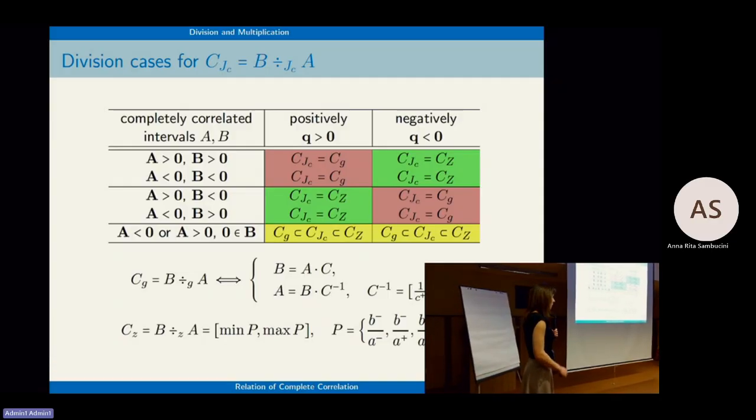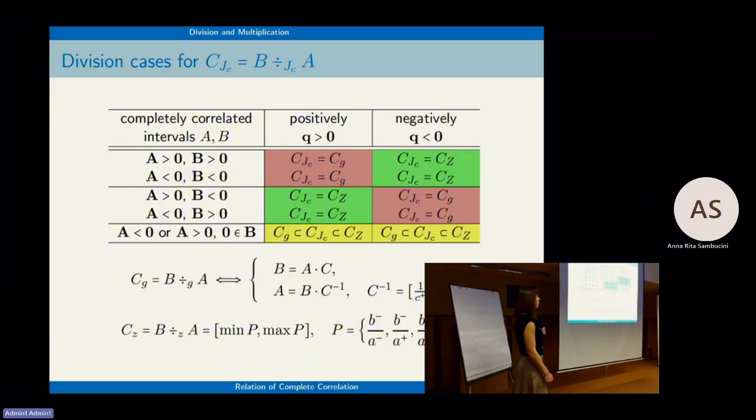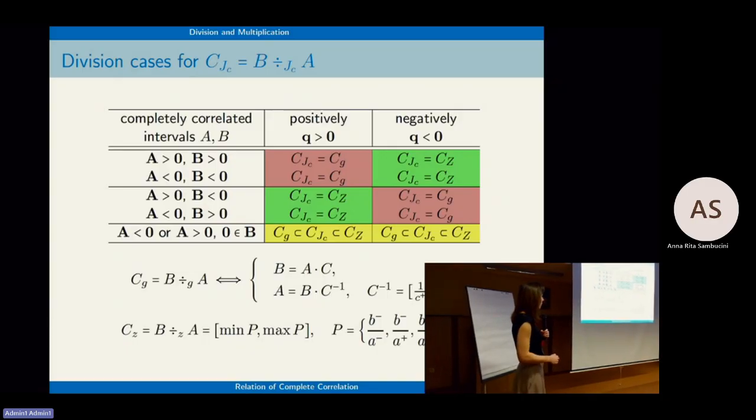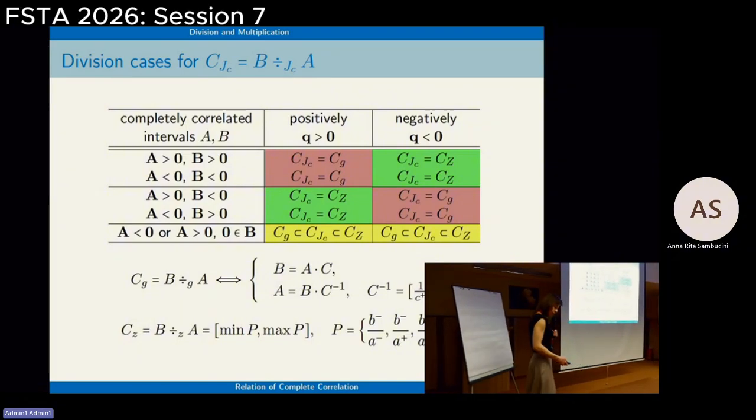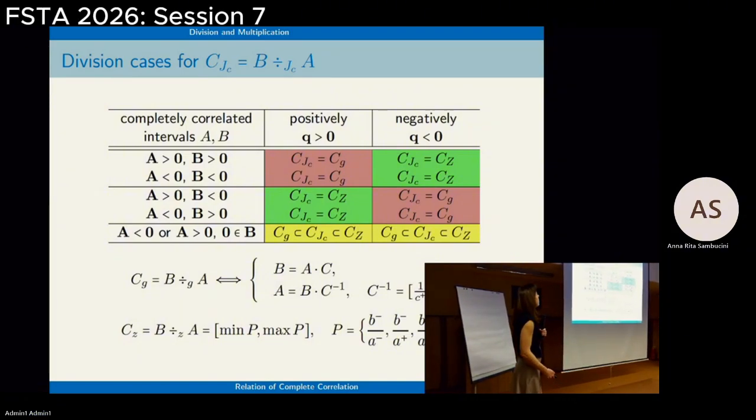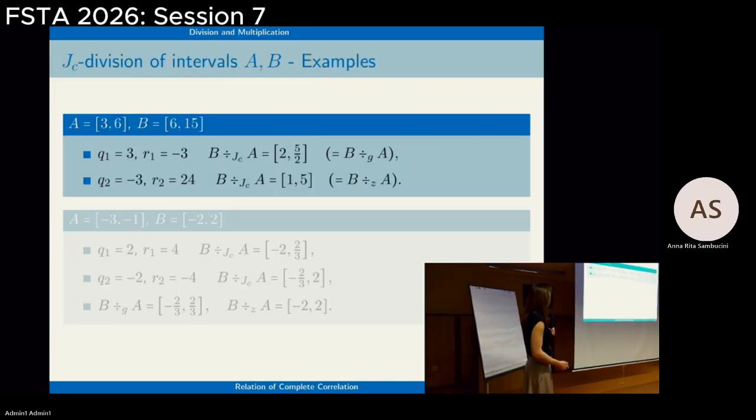And the third case is when we assume that 0 is contained in the interval B, then the result of JC division is in between them, actually they are subintervals of each other.